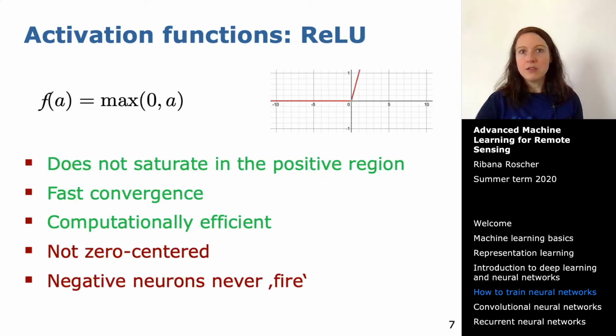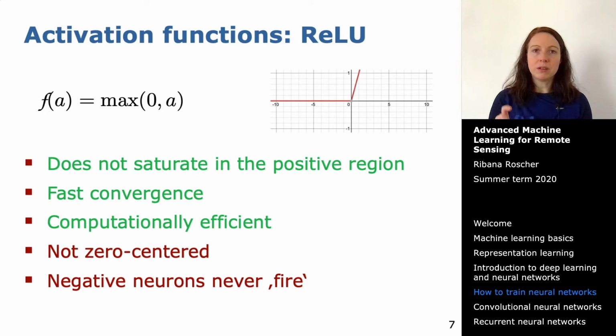What is used more commonly nowadays is ReLU. Exactly because of the negative characteristics I mentioned on the last slide. What you can see here is ReLU just cuts off all the negative values, and in the positive region it does not saturate.